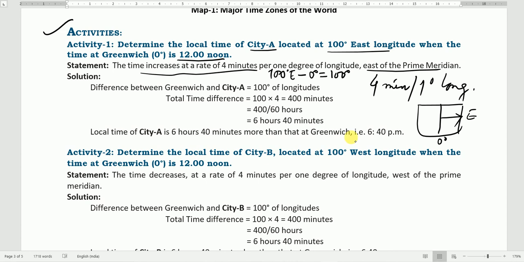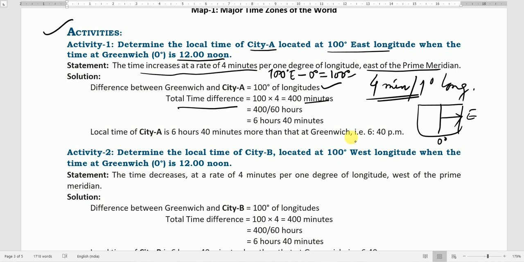So we have 100 degrees of longitude, the difference between Greenwich and city A. Then for the total time difference, you have to multiply this value by 4 minutes. Remember this statement. So 100 multiplied by 4 is 400 minutes.